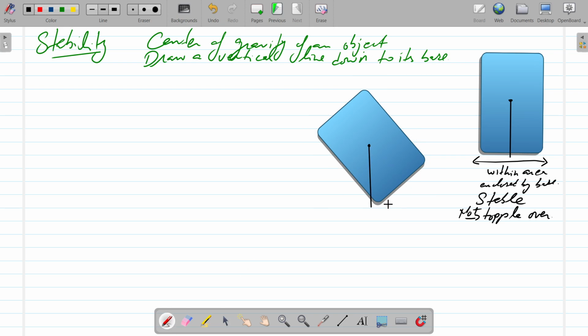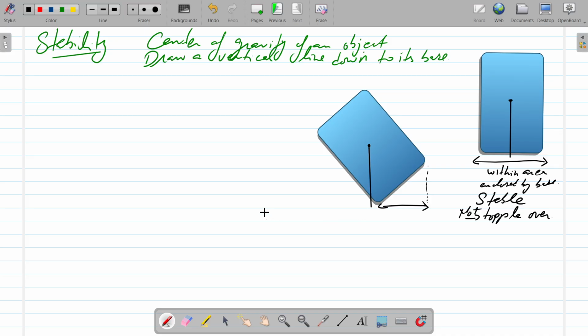And now what's happening, the area enclosed by the base, so that's the base. This is the area enclosed by the base, and the line from the center of gravity is outside.